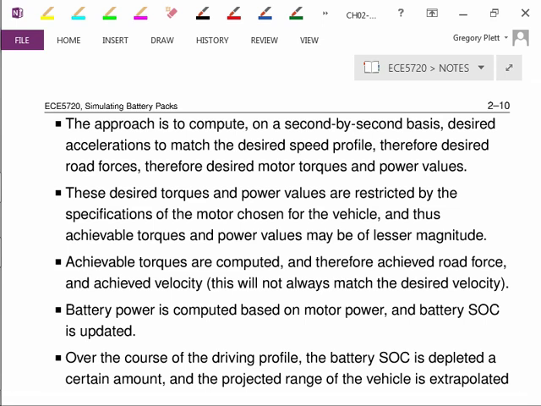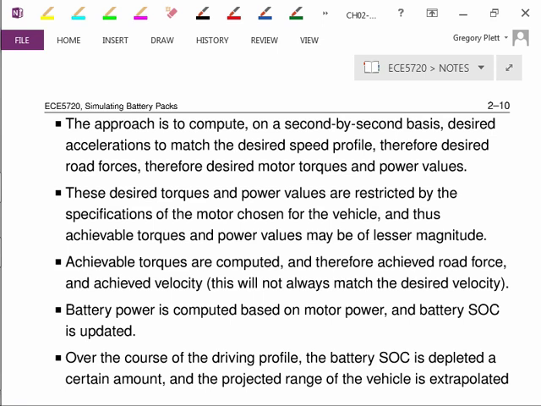Now those are all desired in order to exactly meet the profile, but it turns out the vehicle has limitations with its design components. So the desired torques may not be achievable, the desired power may not be achievable because there are specifications on the motor and the battery pack, and so the achievable torque and power may be smaller in magnitude.